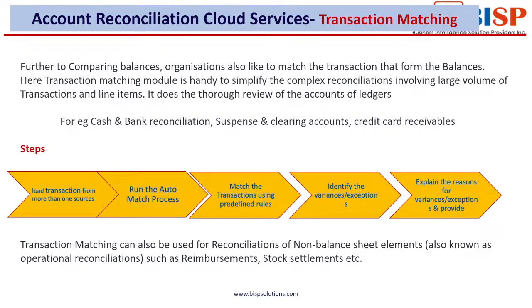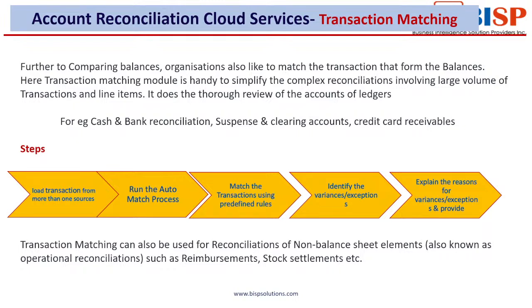Those that fit within the rules are matched, that is, reconciled, and the other transactions are identified as variances and exceptions.